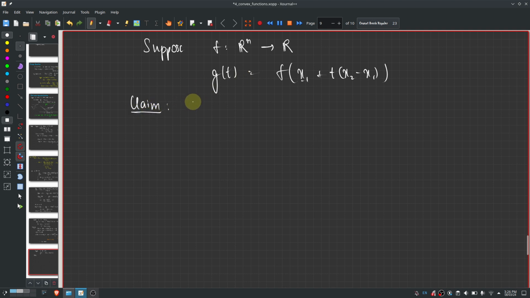Now we can show that f is convex if and only if g is convex for all x1 and x2.